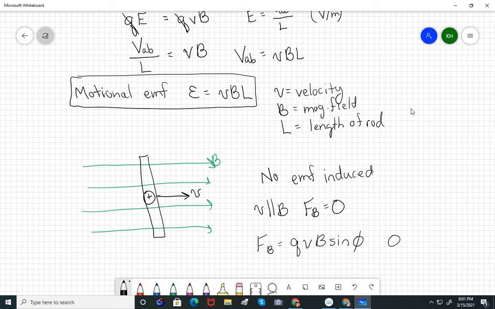If phi is equal to 0, because there's no angle between v and B, this whole thing will equal 0. So if the direction of the motion is parallel to the magnetic field, we're not going to get an induced EMF.